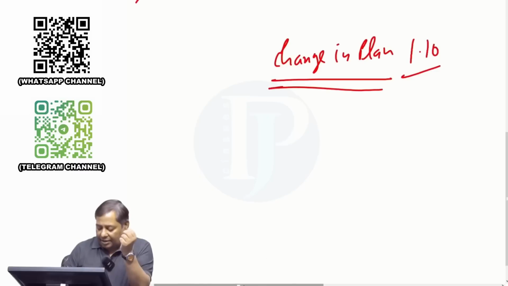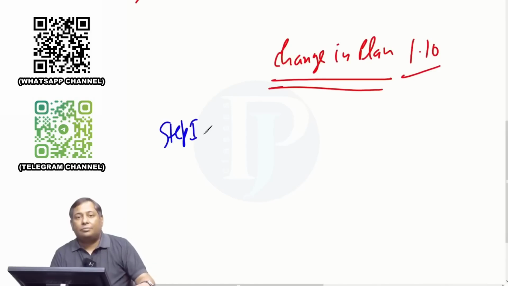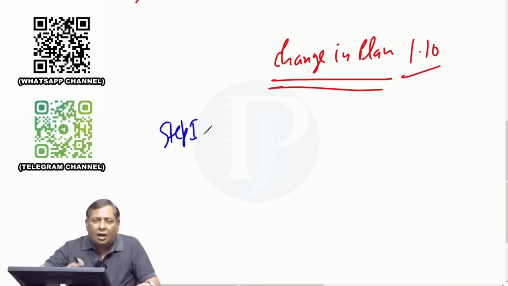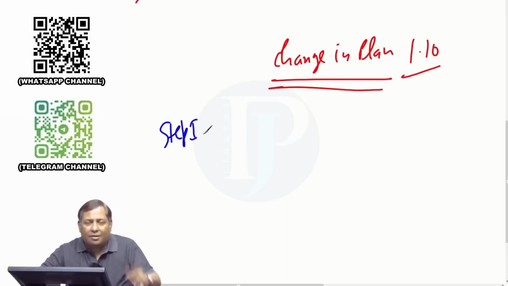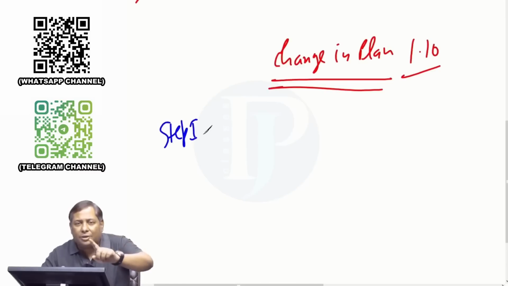So let me tell you a process, the first step. Let me repeat the steps again. Step 1. They say, listen to me carefully: if these assets of yours were not included in 105, then check what would have been the carrying amount.